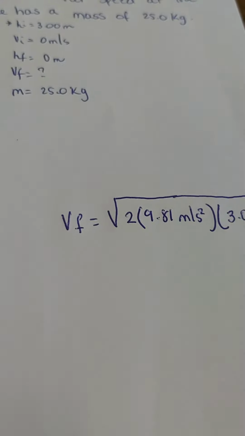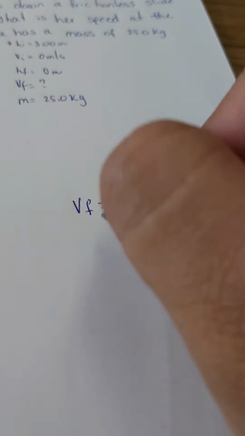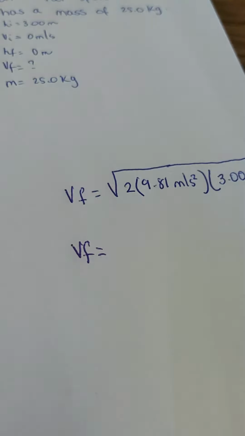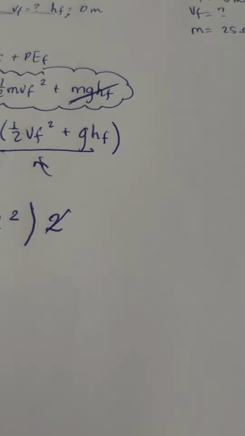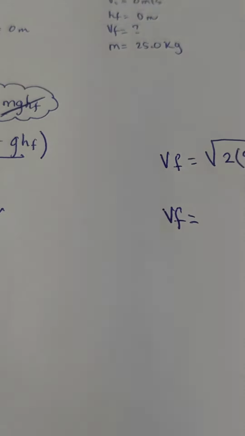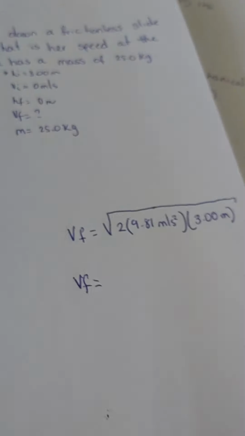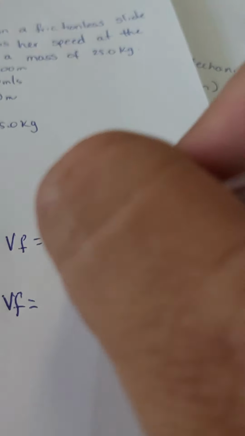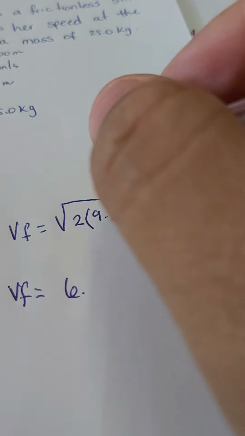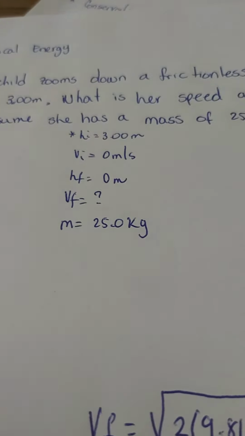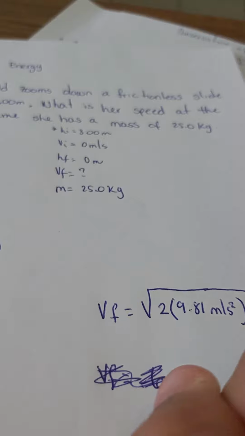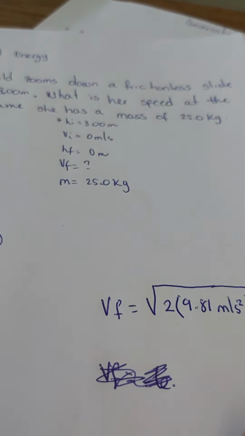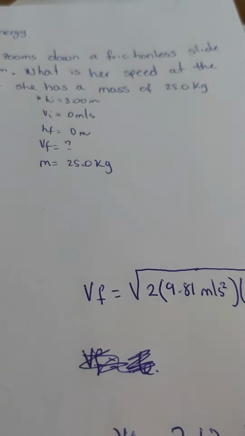And then we find the square root, so we get that the final velocity at the bottom of the slide will be, we're going to estimate our answer, about 7.67 meters per second.